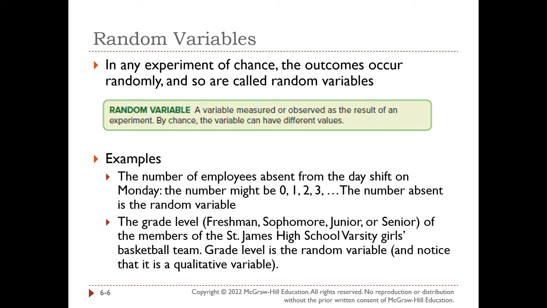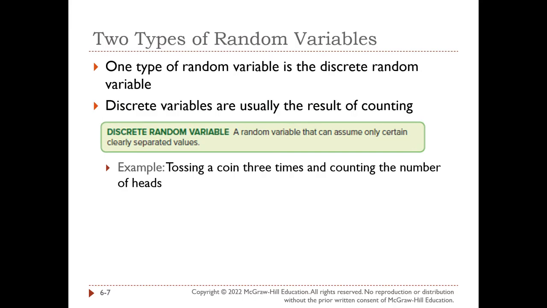We don't know for certain. It could be all freshmen, it could be all sophomores, it could be junior, sophomore, freshman. We don't know for sure. So again, we're looking at this randomness. It's items that we really don't know for sure.